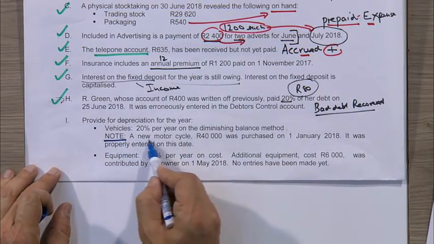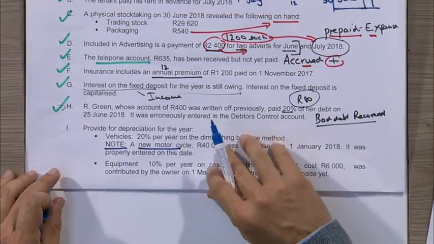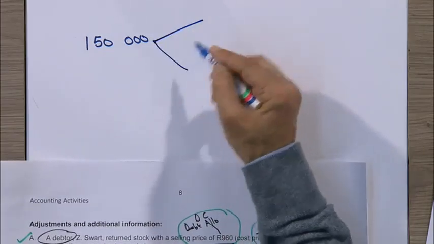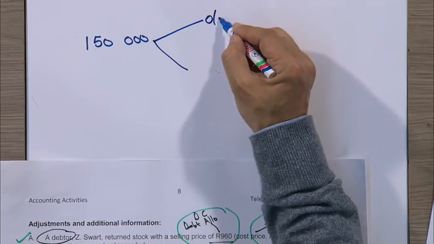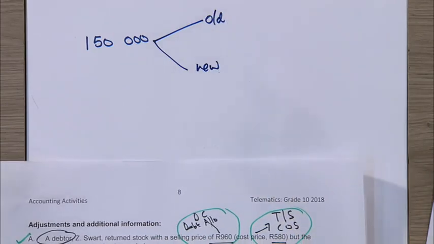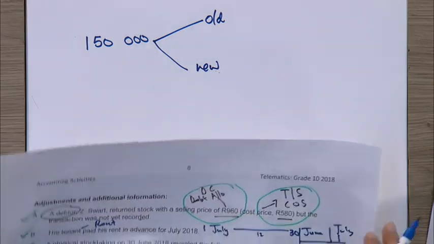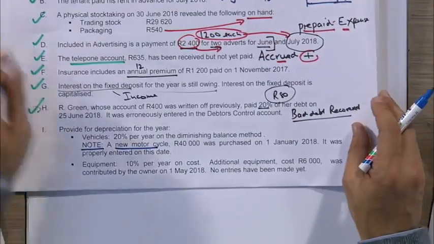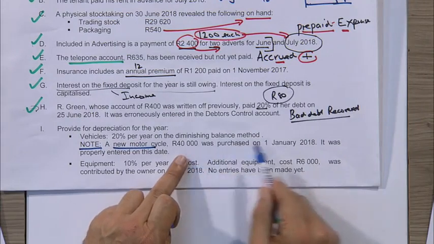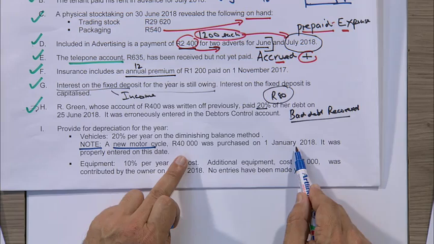It says that we have a new vehicle, which means my 150,000 is going to be split between old vehicles and new vehicles. But what is very important is the next sentence. We know the new vehicle is 40,000, and they give us the date that we purchased the vehicle.